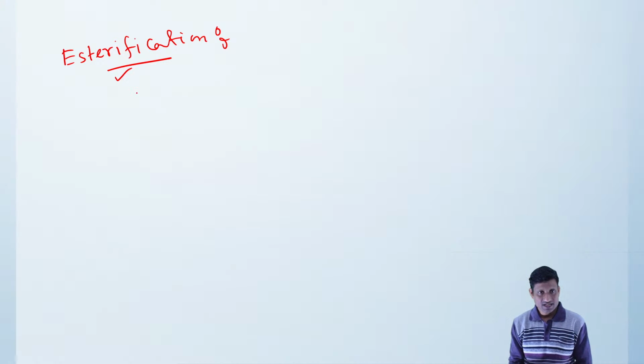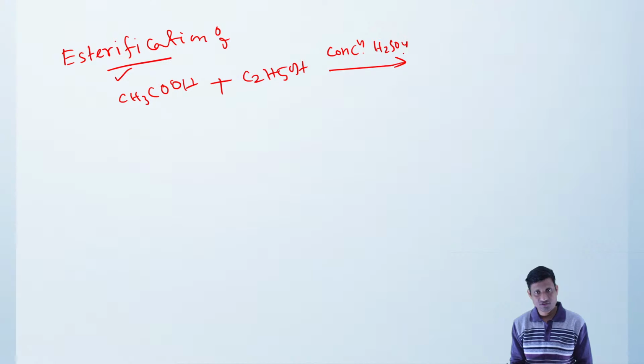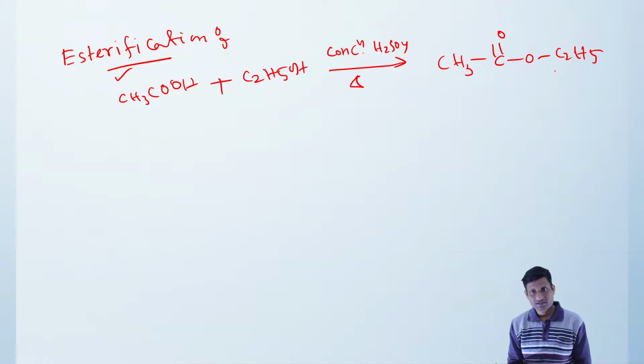The reaction between acid and alcohol, more specifically the reaction between acetic acid and ethanol in presence of a catalytic amount of concentrated H2SO4, and if we heat it, this will produce the ester. Again, this is a functional group, like we learned acid, aldehyde, ketone. Here the functional group is ester.